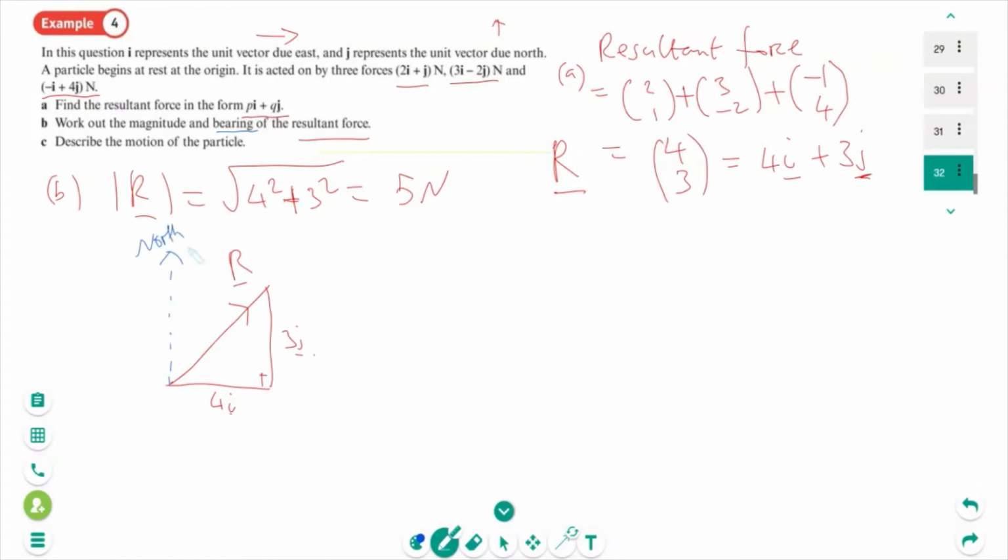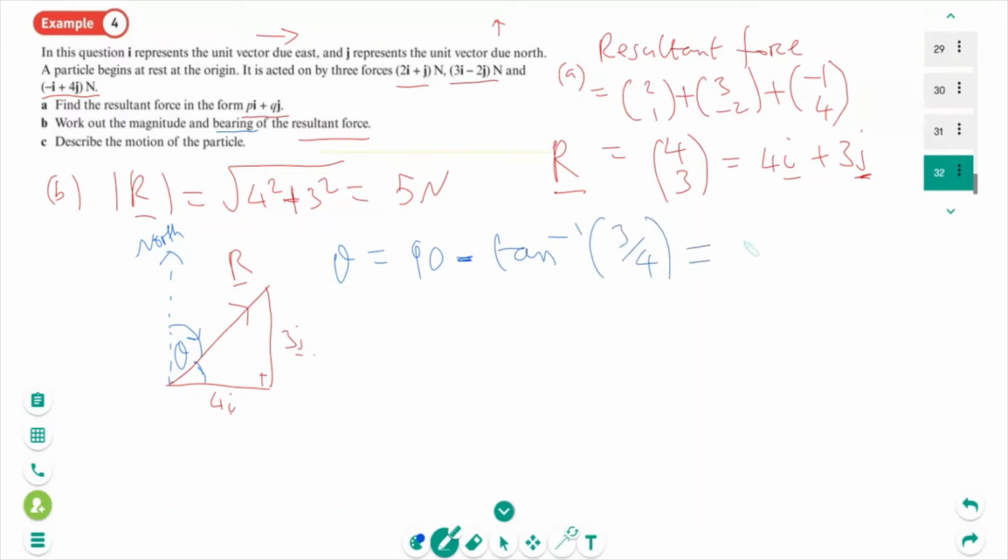They need to describe the direction as a bearing, so they want this angle clockwise from the north. You need to calculate that angle. If I call that angle theta, you would do 90 take away this angle, inverse tan of 3/4.